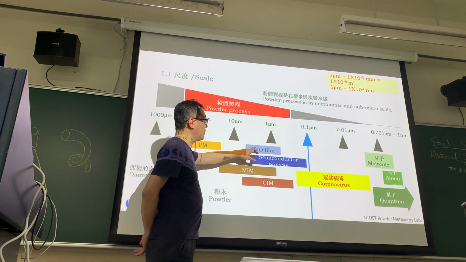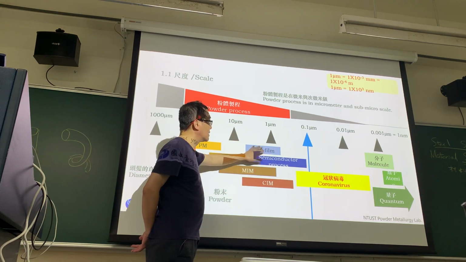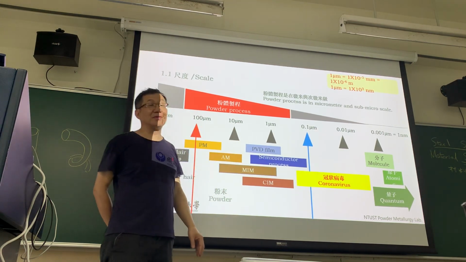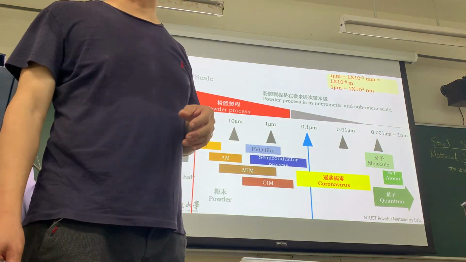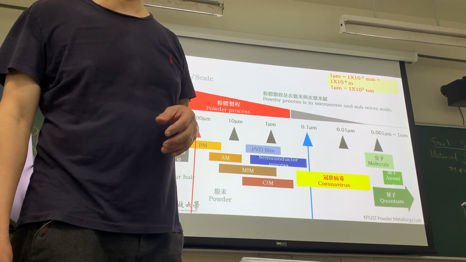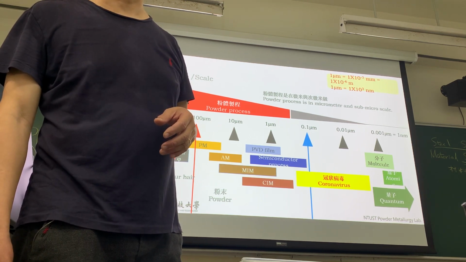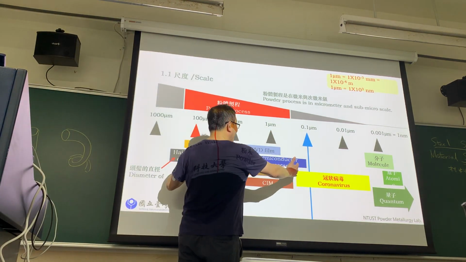This is physical vapor deposition film. It's coating film. Okay, this is semiconductor process. So if in the future you graduate from NTUST, you will go where you want to go, TSMC 台积电. Then you should understand these applications.